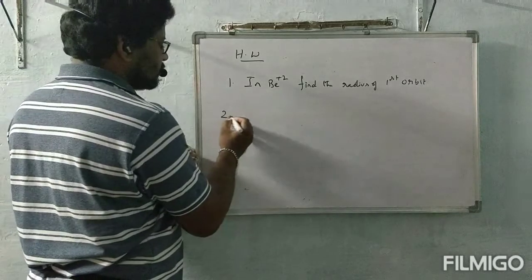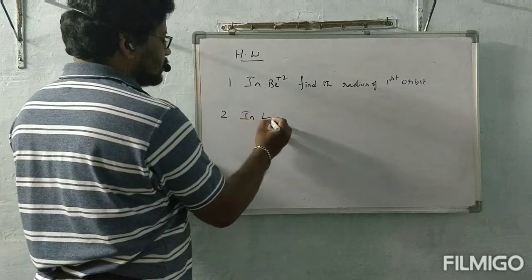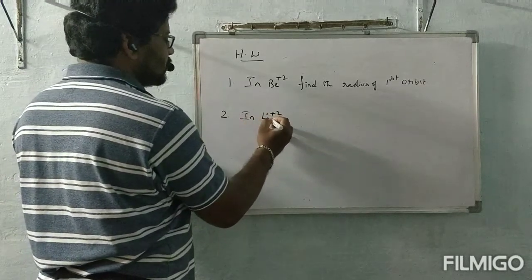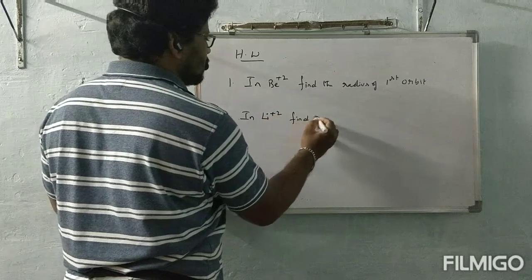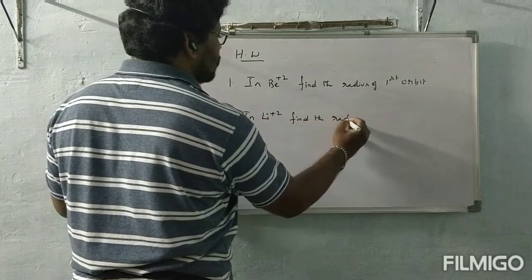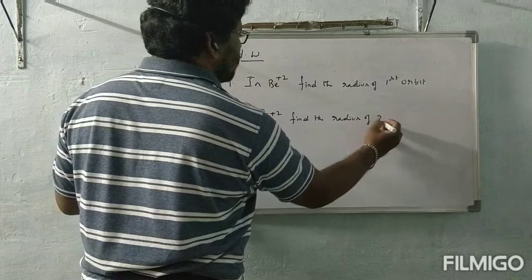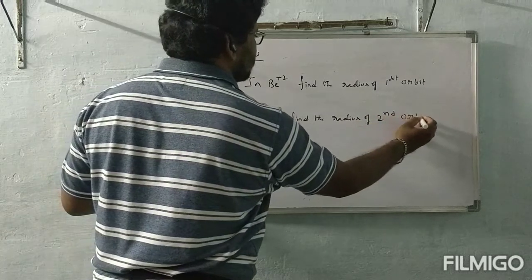Next, second one: in Li plus 2, find the radius of second orbit.